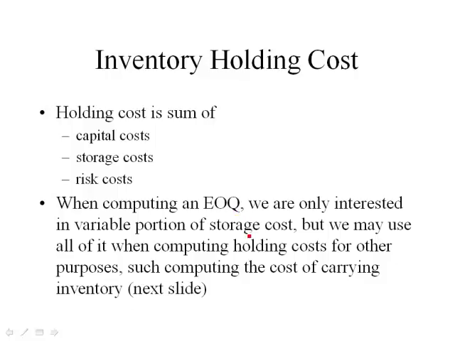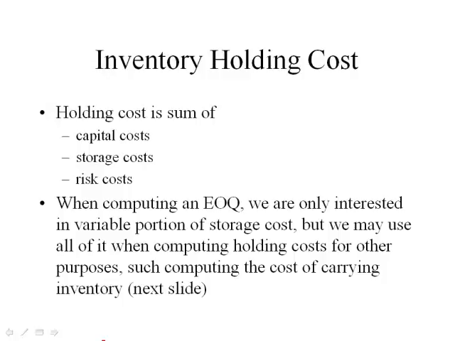One reason that we're interested in how good of a job we do managing inventory is that it costs us money to carry inventory. This slide kind of sums up some of the costs of carrying inventory. Capital costs reflect the idea that inventory is an investment. Inventory is an asset class. If I invest $200,000 in an inventory of a particular family of products that I'm going to sell in my store, that's money that I can't spend doing something else, like maybe investing in the stock market or investing in some other business or some other area of my business.